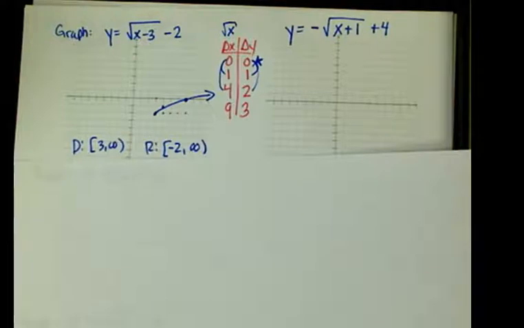The negative before the square root reflects the starting point's shape. So the changes are going to be over 1, negative 1, over 4, negative 2. So it's going to kind of open down.